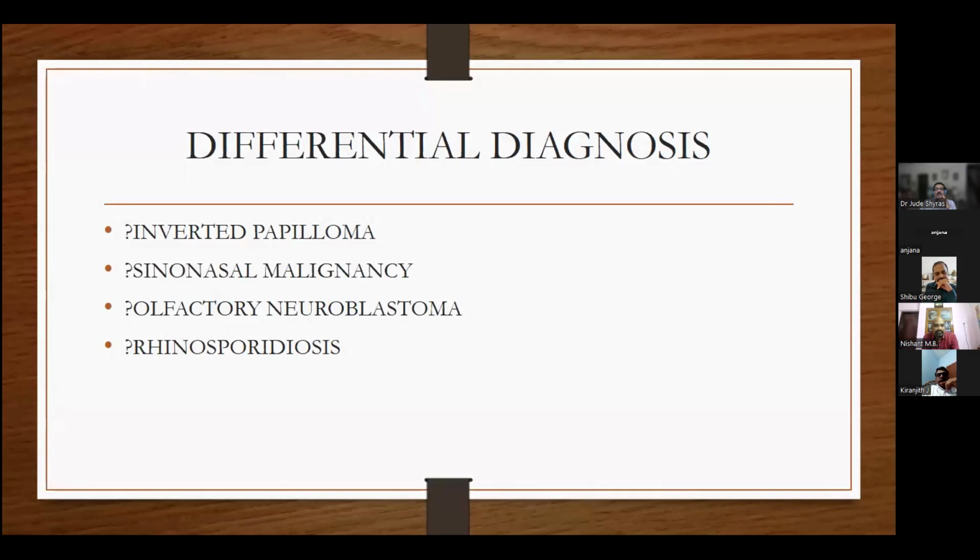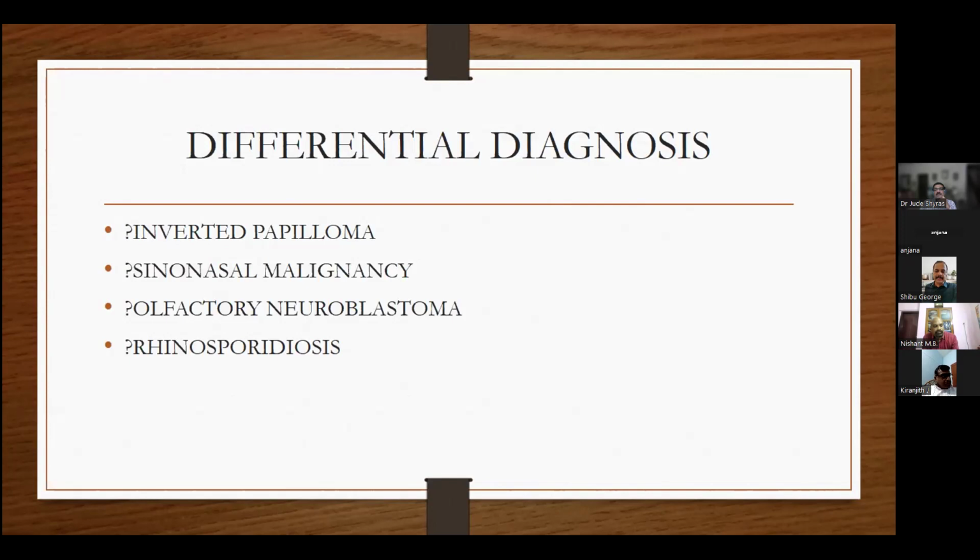Rhinosporidiosis. There's no need for biopsy because the diagnosis is apparent. Anything else? No need to take a biopsy when the diagnosis is apparent, in routine practice. Bilateral nasal polyps. Not unilateral, bilateral polyps. Actually, there's no need to take a biopsy.